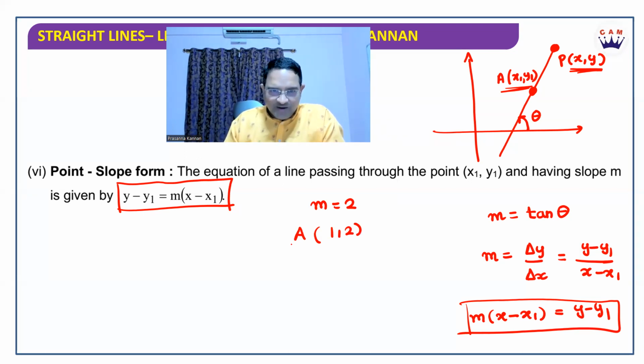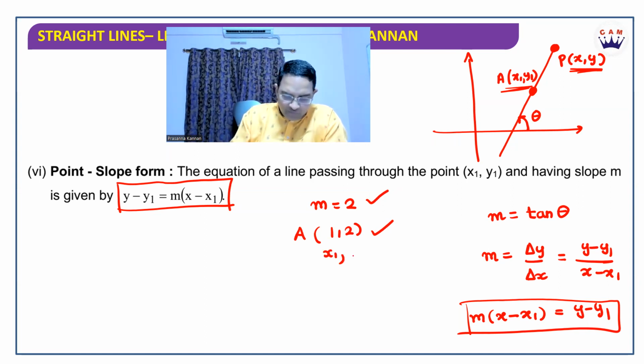Find the equation of a straight line having slope m is equal to 2 and point 1 comma 2. What is this point? x1. What is this coordinate? y1.